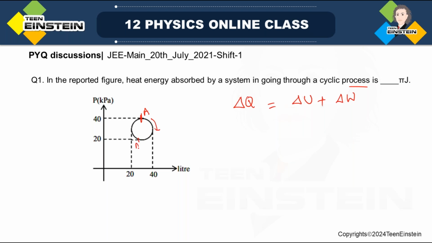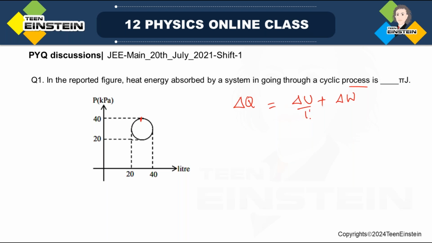Suppose this is point B and you come back to point A. When the state is the same, since internal energy is a state function, it is not a path function, and also all the thermodynamic conditions like temperature, etc., are the same when it comes back to the same point.